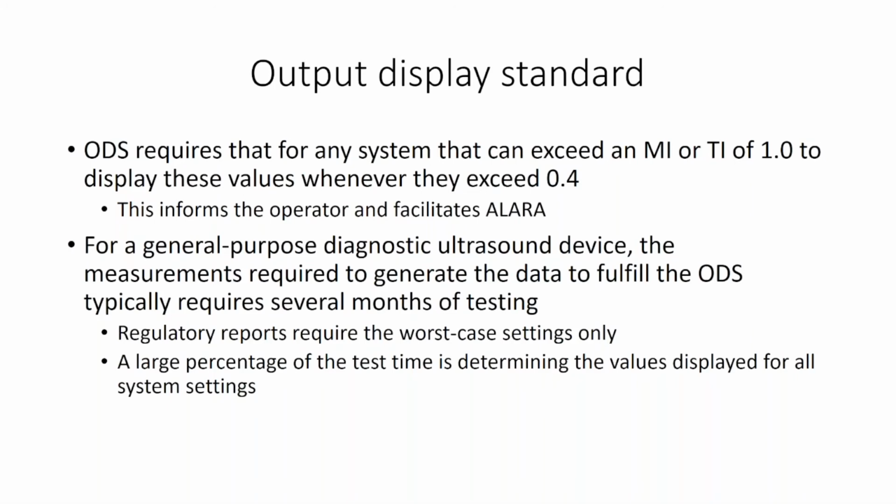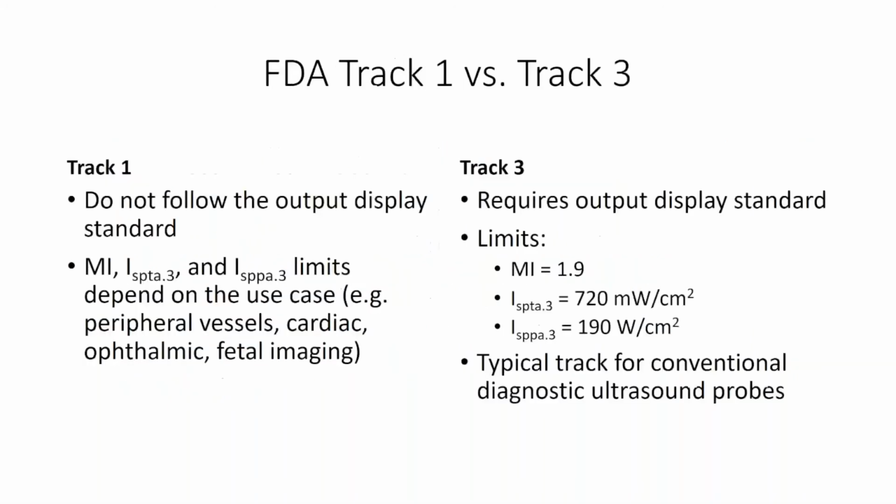However, in order to fill out all that's necessary for the ODS, you need to perform many more measurements at each of the different system settings and system modes, including combined modes, so that what's displayed will reflect what's going on in a clinical application.